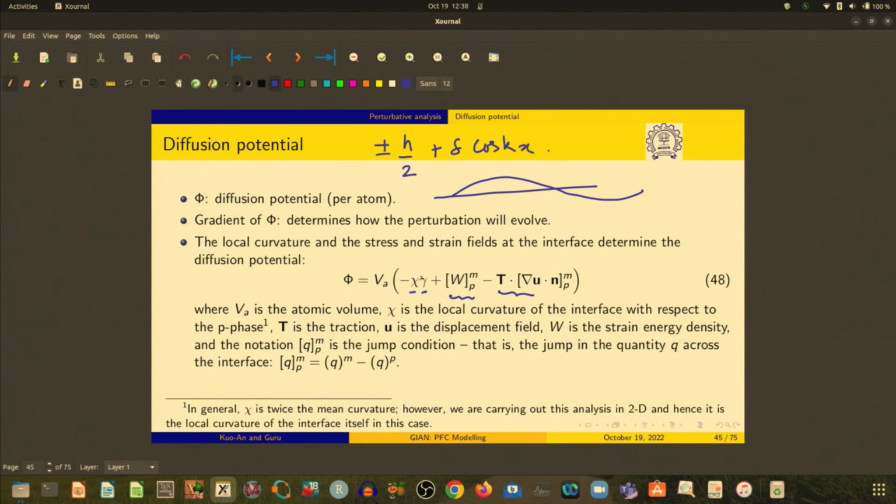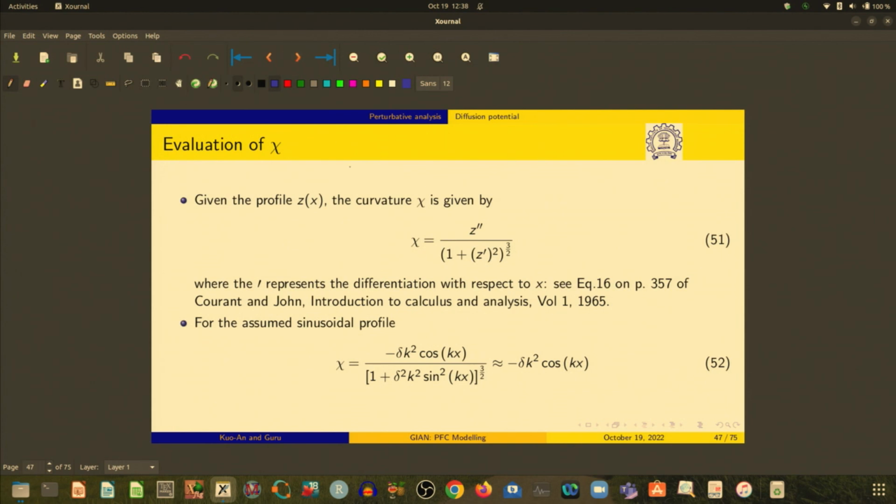Now, I have to evaluate basically this curvature for this perturbation. How do I get the curvature? Well, there is an analytical geometry result which comes from Courant and John. You can take a look at a classic textbook on calculus and analysis, which shows that if you have a profile, then the curvature is second derivative divided by 1 plus first derivative squared whole to the power 3 by 2. Okay.